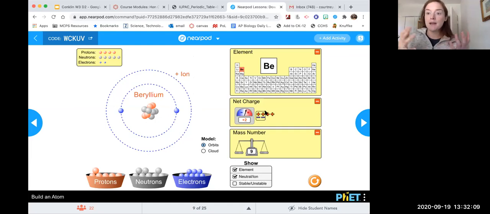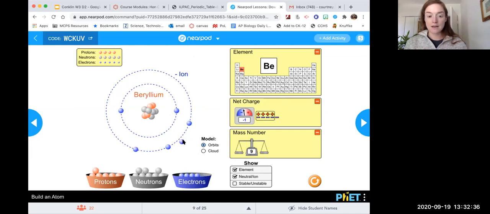So there seems to be a balance between protons and electrons. When you have equal numbers of them, you have a net charge of 0. But when you have more protons than electrons, you have a positive charge overall. And when you have more electrons than protons, you have a negative charge.